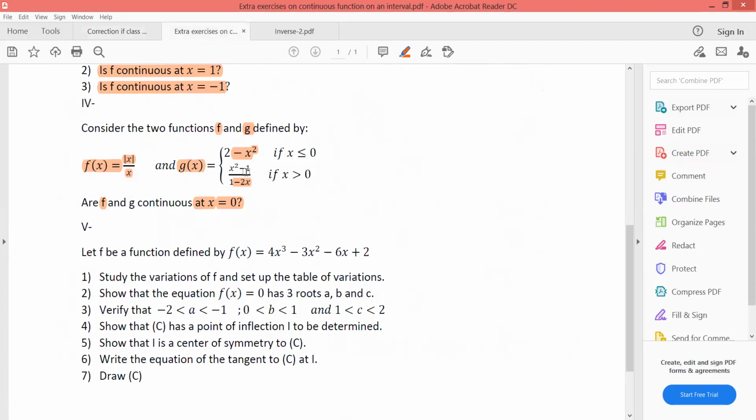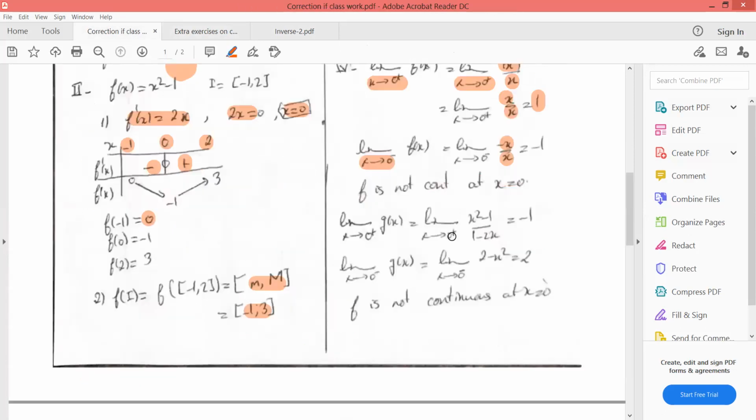I take the limit of this function as x tends to 0 plus, the lower one. We replace x by 0, we get minus 1. The limit as x tends to 0 minus of g(x) equals the limit as x tends to 0 minus of 2 minus x squared, which gives 2. Then g is not continuous at x equal 0.